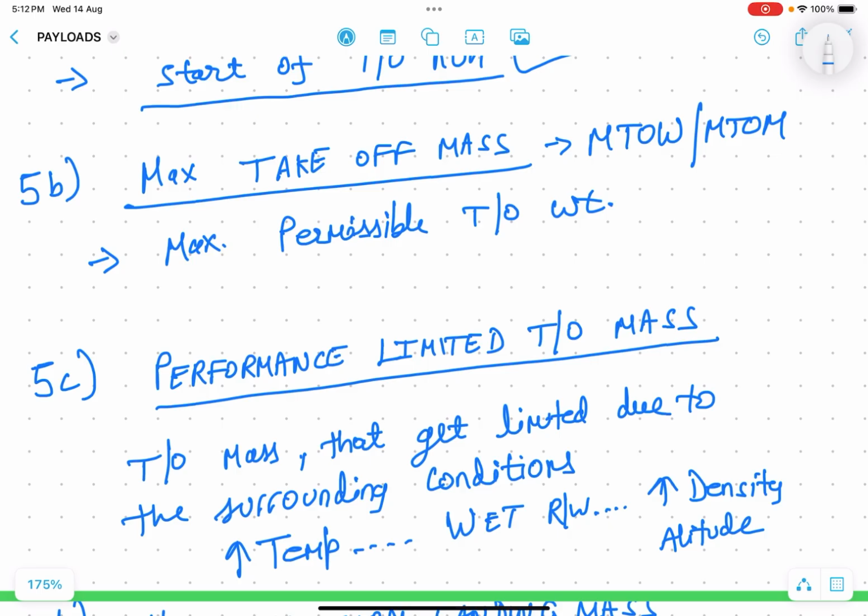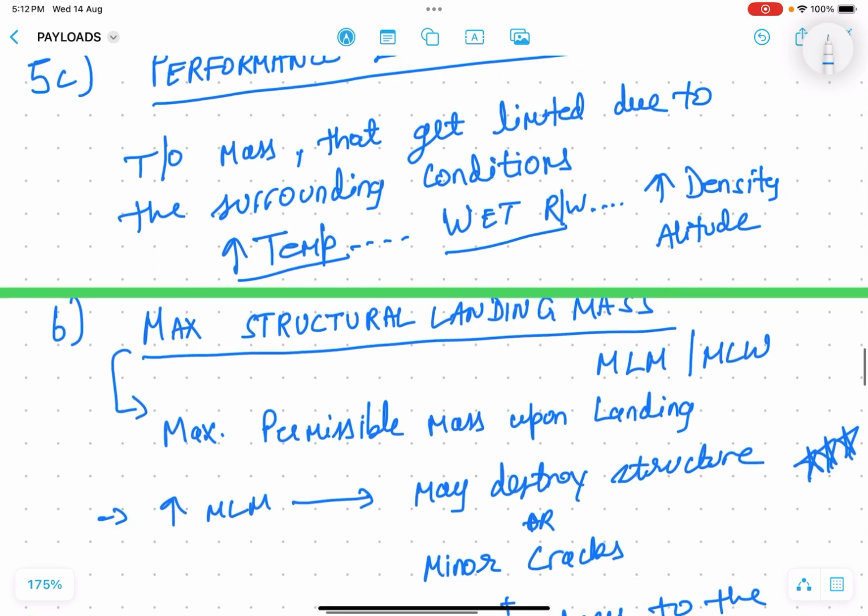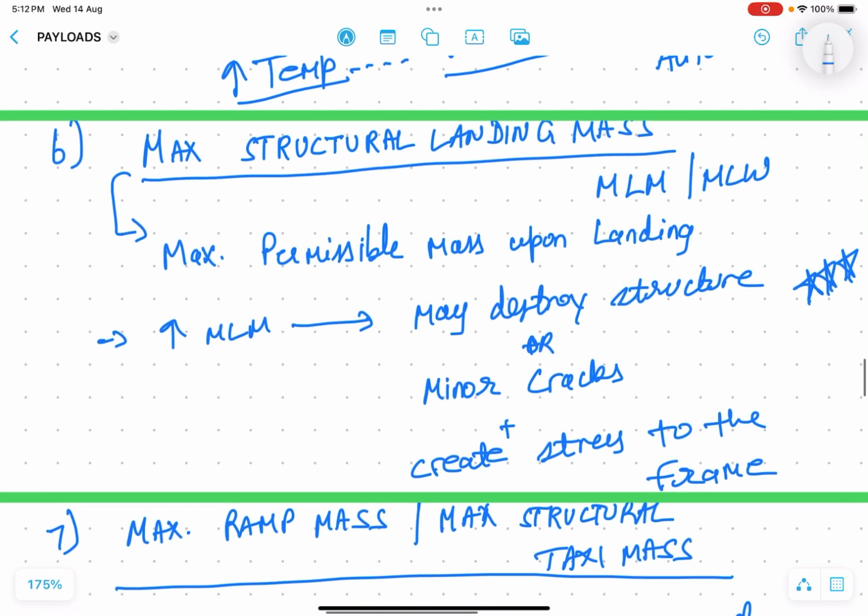For example, high temperature, wet runway, high density altitude, the performance of the aircraft gets a little less, so we cannot carry as much as we can in ideal situations. So this is called performance limited takeoff mass. So now we will discuss maximum structural landing mass or maximum landing weight, right? It is the maximum permissible mass upon landing.